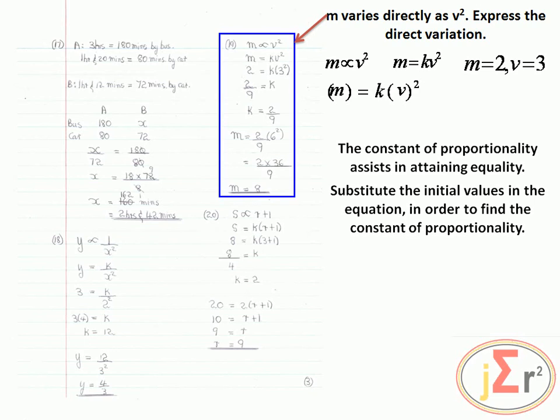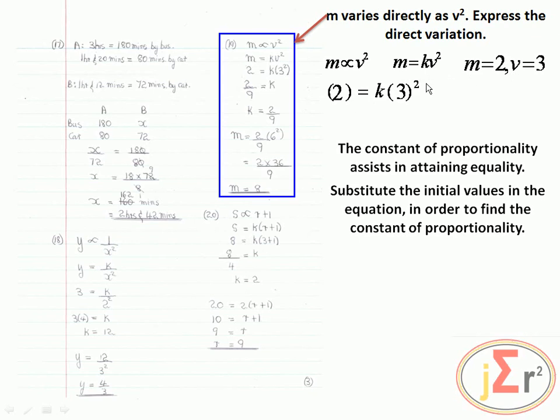So we have progressed appropriately by making the equation into a template in order to accommodate those known values, and no doubt we will have k as the unknown in the end. So m is equal to 2 and v is equal to 3, and we are squaring.